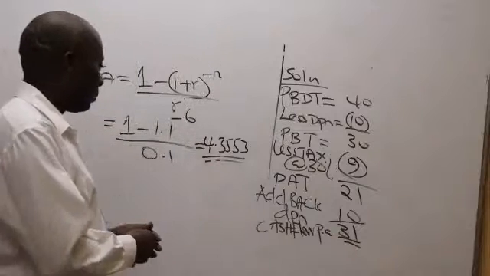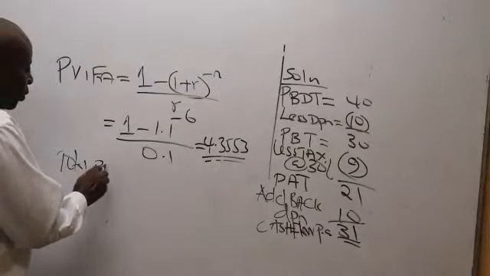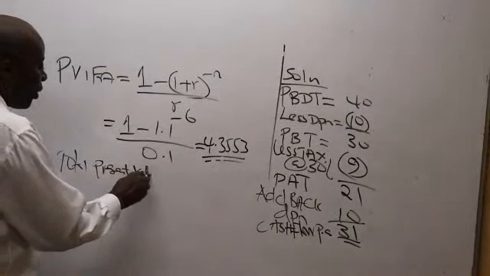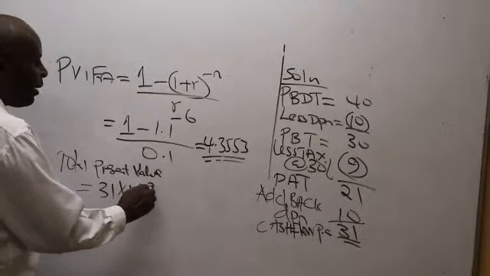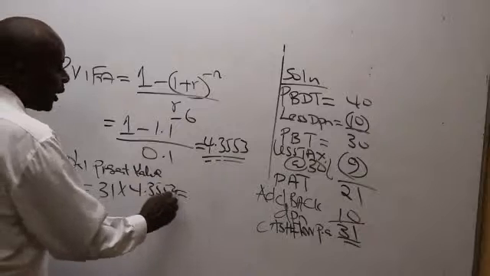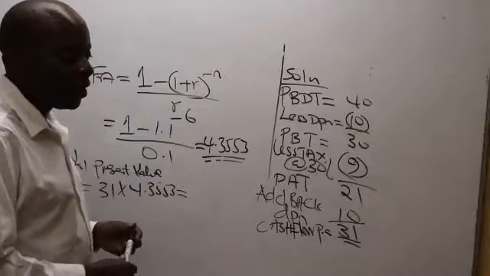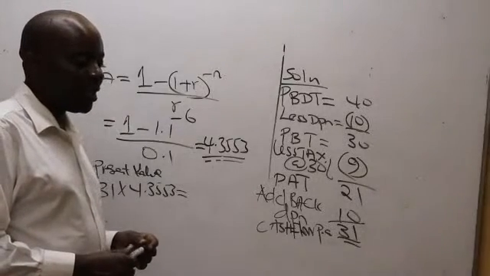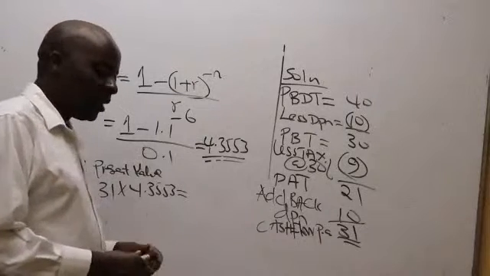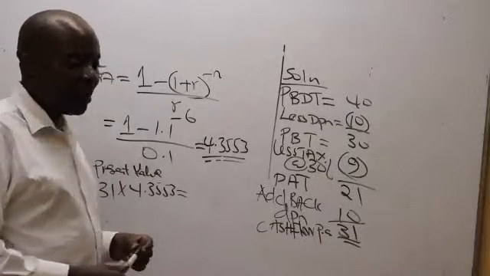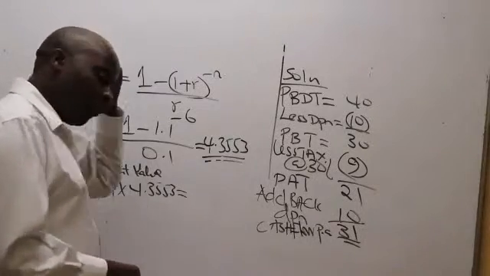Now, having gotten these figures, ladies and gentlemen, then I can easily come and give them the total present value. So the total present value here will be that 31 cash flow multiplied by 4.3553, which will end up giving me what figure? 31 times this 4.3553 will end up giving me what figure, somebody there? What is the total figure?